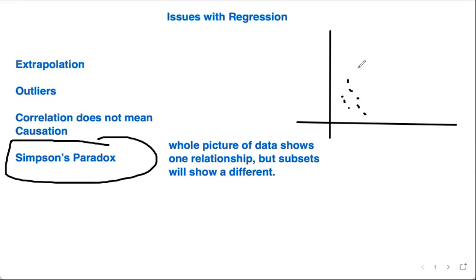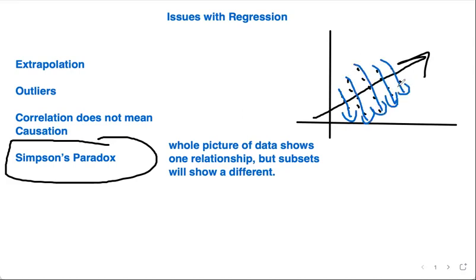Maybe this is some set of data, and looking from left to right, there looks like an overall positive trend. But what if this happens to be one company, another company, another company, another company, another company? Putting them together looks positive, but looking at them separately looks negative, and that's what's called Simpson's paradox, where the whole picture of data shows one relationship, but the subsets show a vastly different relationship.